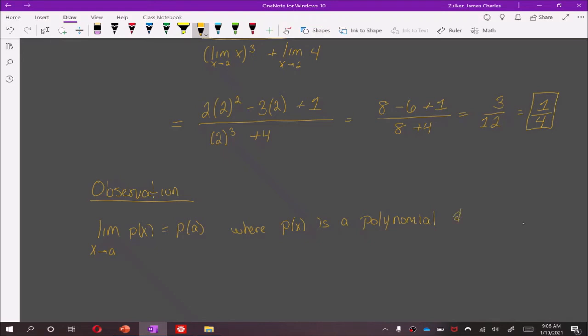and the limit as x approaches a of P of x over Q of x is P of a over Q of a, where Q of a is not 0, and both P of x and Q of x are polynomials.